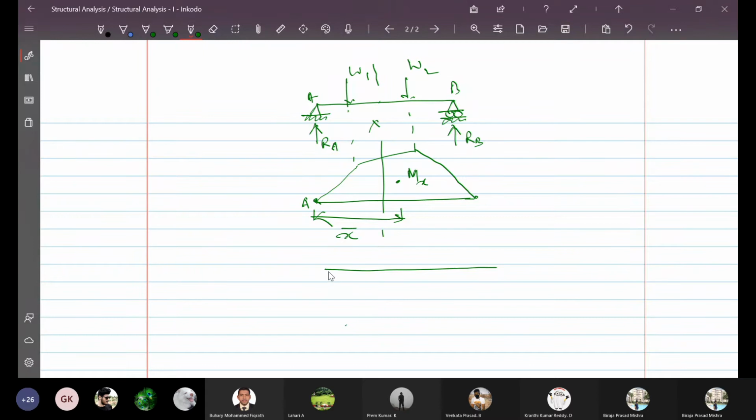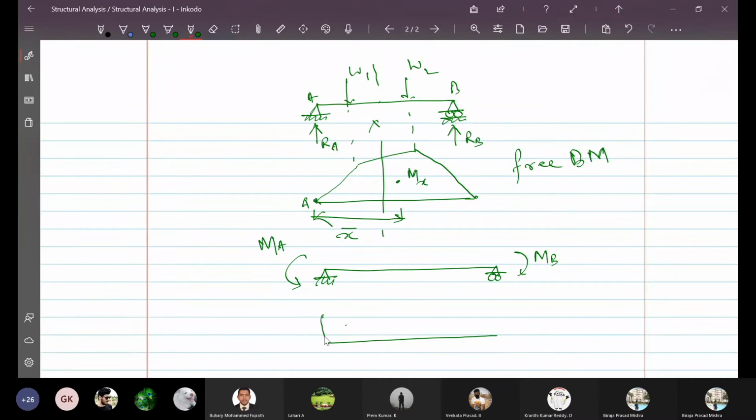Another one is again a simply supported beam, and here I have the fixed end moments MA, MB. So this is the free bending moment diagram, and this is the fixed bending moment diagram.